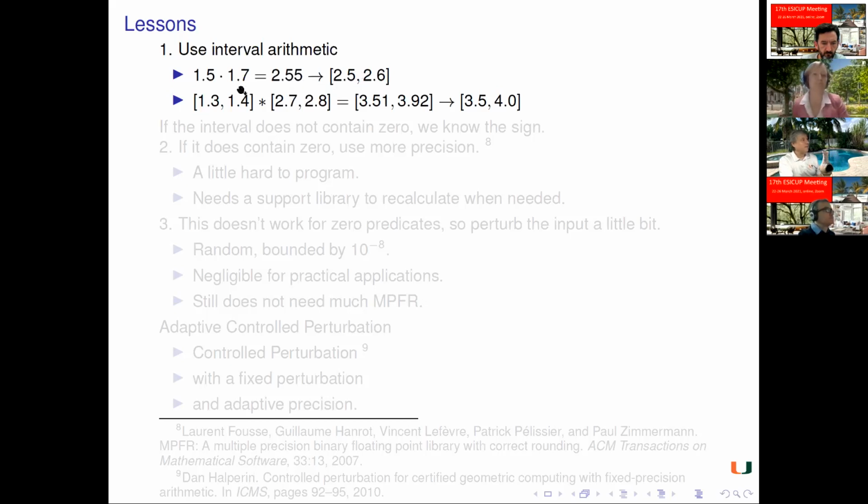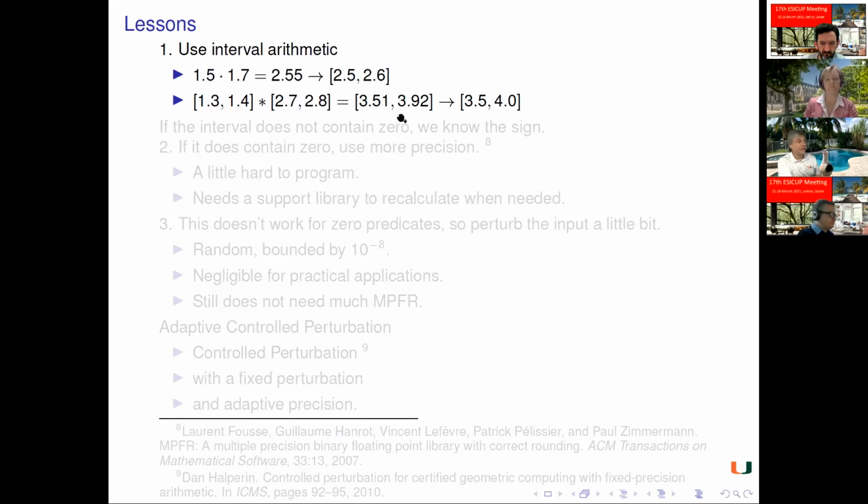Then if you continue from there and use these intervals, let's say we multiply 1.3, 1.4 times 2.7, 2.8, we exactly would get 3.51, 3.92. But again, those can't be represented. So we round the first one downward and the second one upward. So we get 3.5, 4.0, and whatever number is in this interval and in this interval, the product of those two numbers is definitely in this interval.